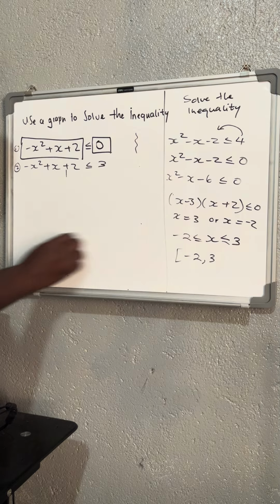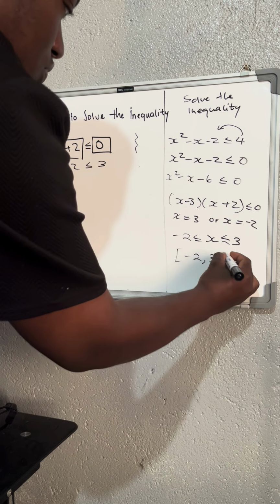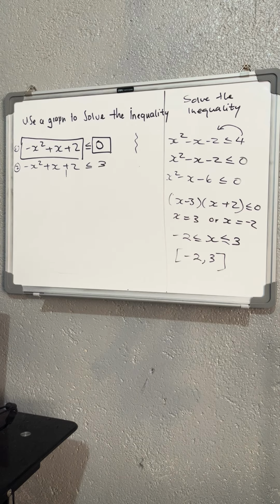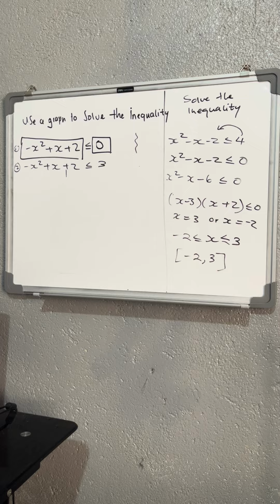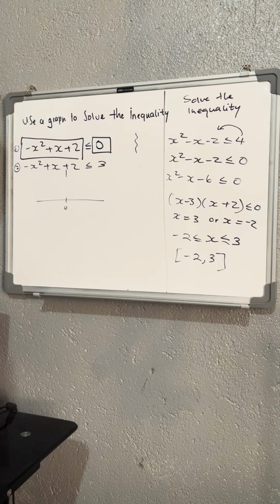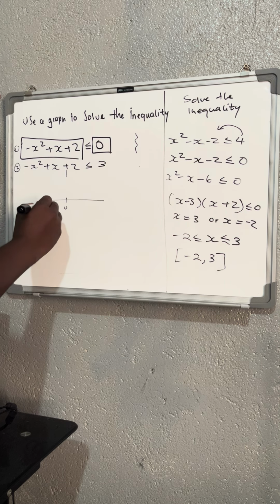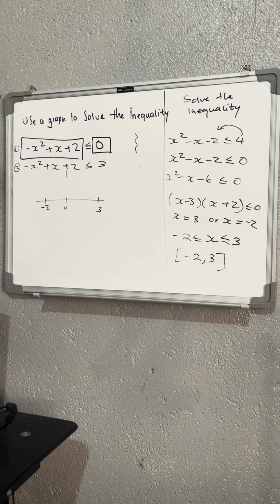explaining the one here. One other way that they would ask is that you have to write this solution on a number line. So how do you go about doing that on a number line? You have your 0 here, you have your -2, then you have your 3 here.